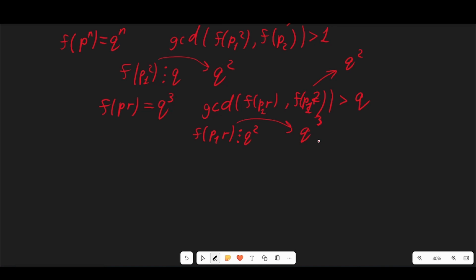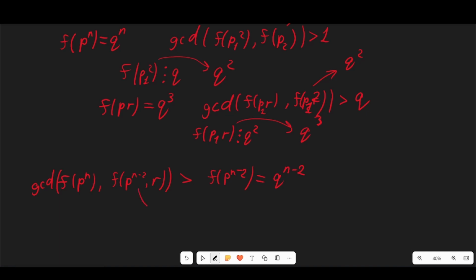And now by induction, if we consider the GCD of f of p to the n and f of p to the n minus 2 times some r, this must be greater than f of p to the n minus 2, which is q to the n minus 2.